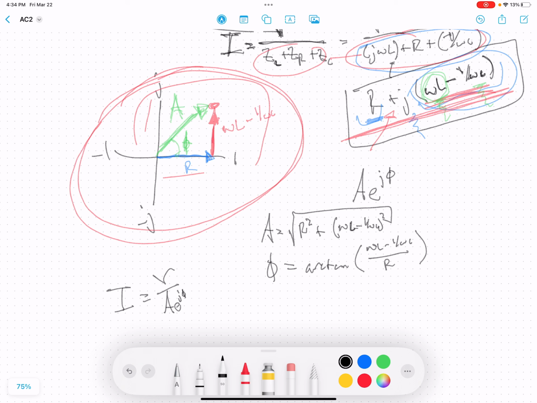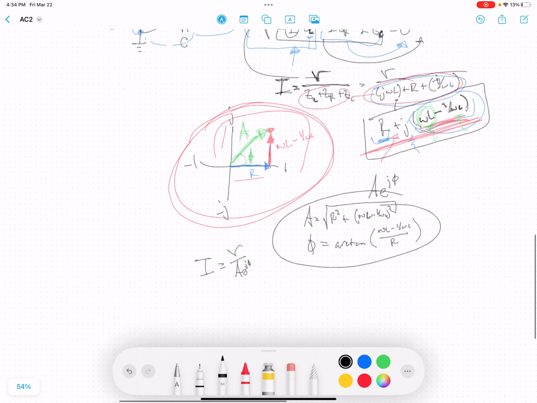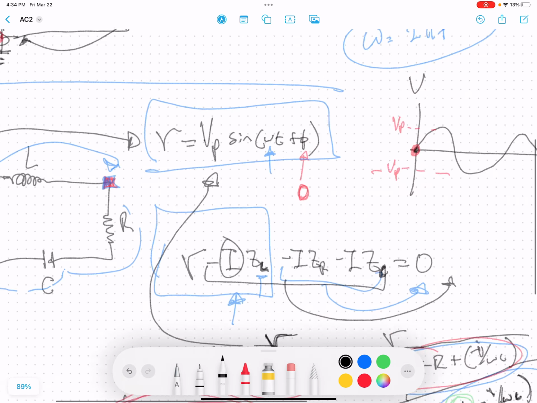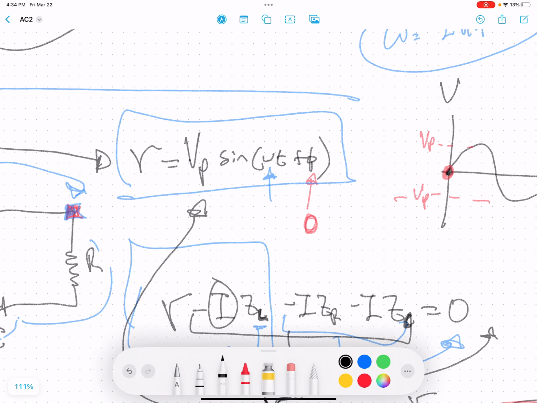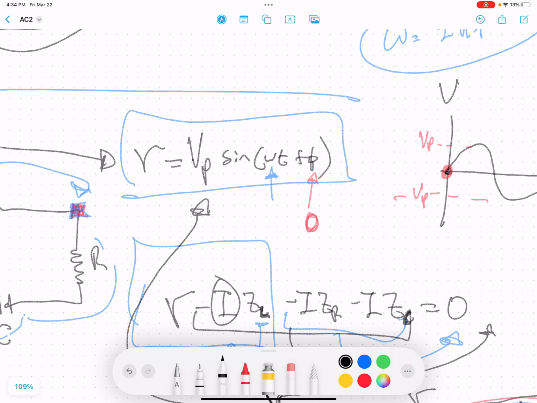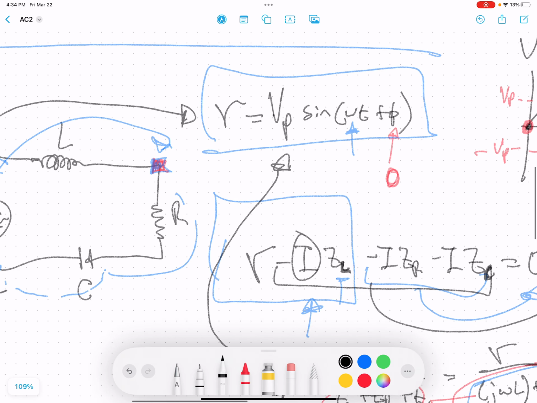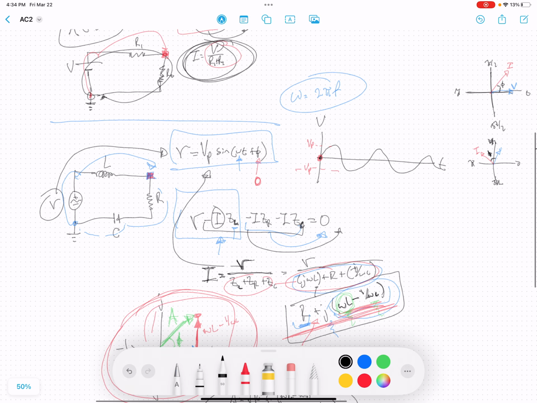Okay? And we have this, and we're getting pretty close to being done. Let's come back up here. I can look at this, and I can realize that I can also rewrite V in Euler form, right? I can say, oh, you know what?